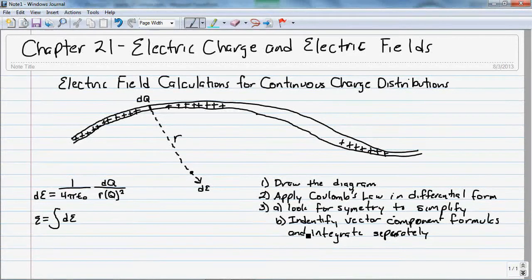Now you're going to find that we're going to be able to use part A for most of our examples. We'll be able to simplify these problems in such a way that we won't have to do this vector part. Very rarely would it ever get to this point because symmetry is usually the easiest ones to look at.